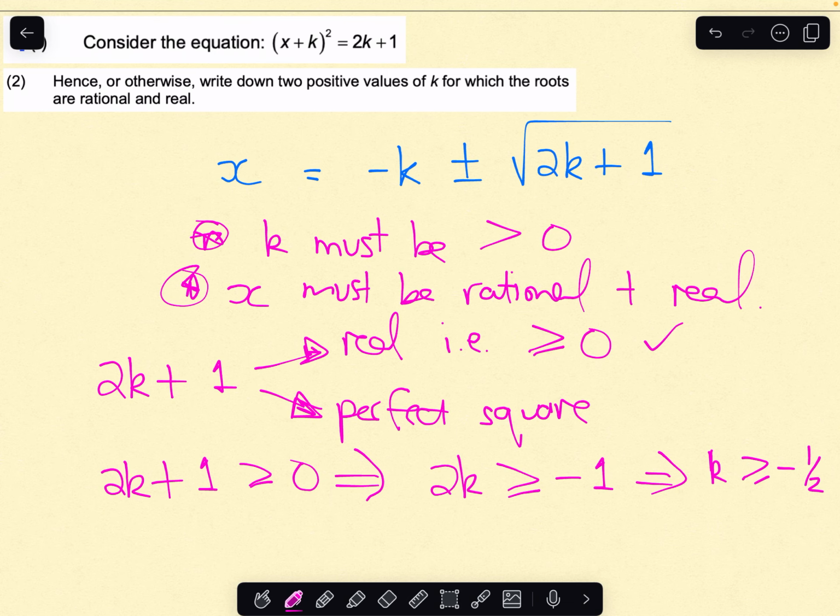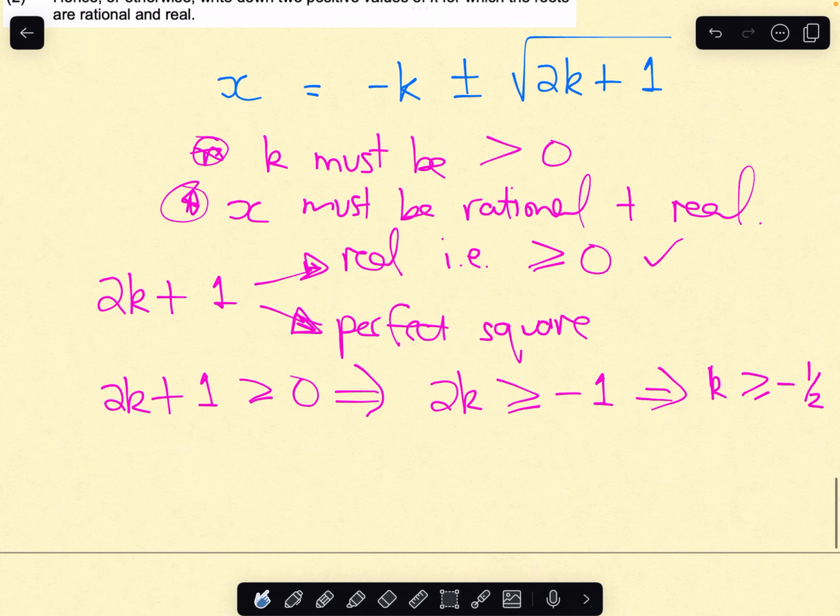Now we just need to pick a number such that 2k plus 1 will be a perfect square. And that can be anything, right?